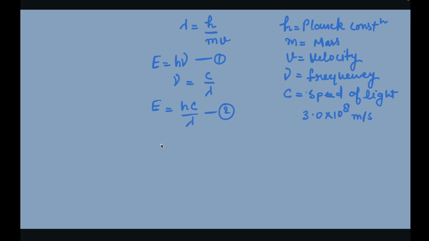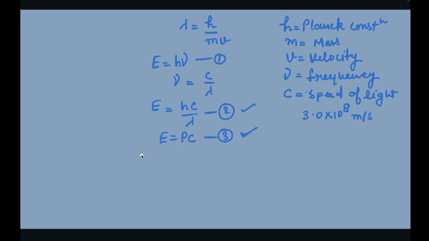Now use the relation between energy and momentum for a photon. So E is equal to Pc. This is equation 3. So we get the two equations: E is equal to hc upon lambda and E is equal to Pc.